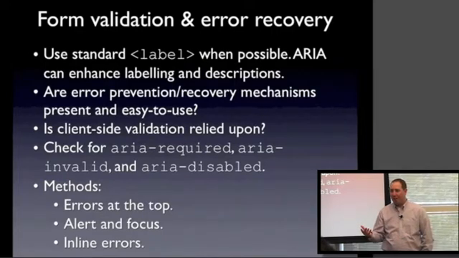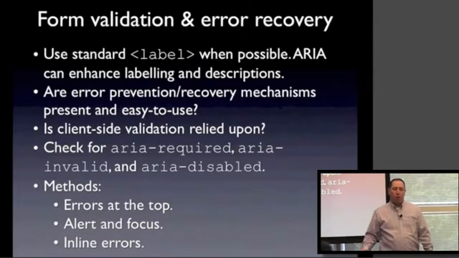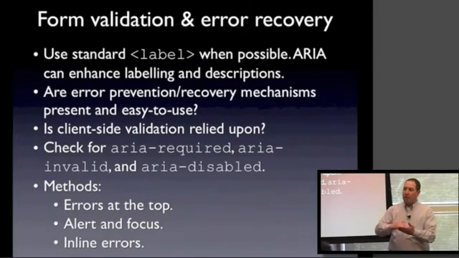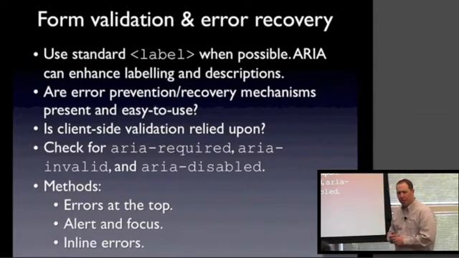So I can't find the button to know that there's an issue. So rather than using HTML disabled, you can do visual styling to make it look disabled and add ARIA-disabled equals true. Now it's in the tab order. I can tab to it, but it reads the word disabled when I get to that button. So I know that there's an issue. I have to go back and fix something. Does that make sense? How that works?